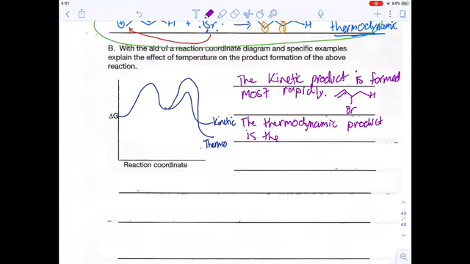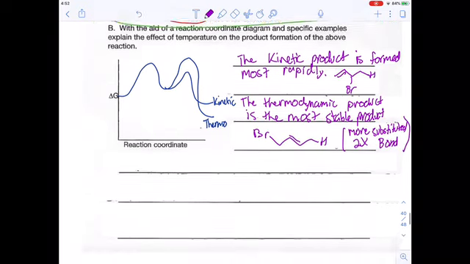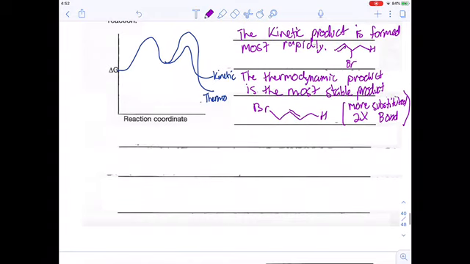The thermodynamic product is the most stable product because it has the more highly substituted double bond. And then again, he includes the example from before, also including that it has the more substituted double bond because that's what makes it the more stable product.